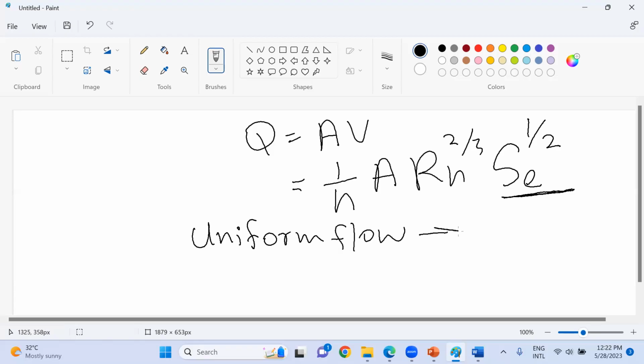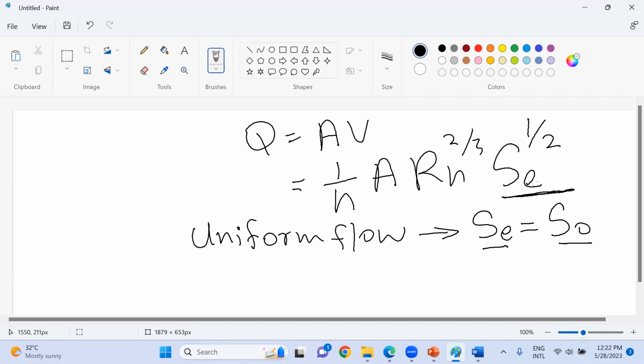Then for uniform flow, S_E is equal to S naught. I need to see that you understand this one. Slope of the energy grade line is equal to the slope of the bed, right? So then only you can use S naught here. That is the main point I wanted to explain.